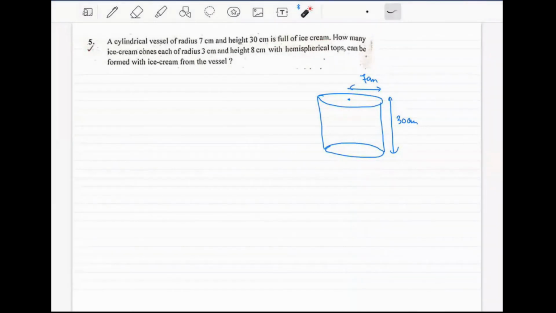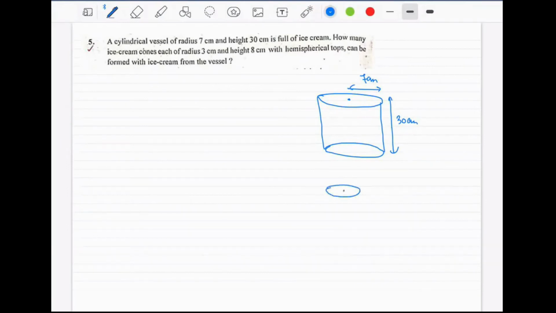So question 1, how many ice cream cones, each of radius 3 centimeter and height 8 centimeter with hemispherical tops, can be formed with ice cream from the vessel? So ice cream from here, we have to fill into a smaller cone.